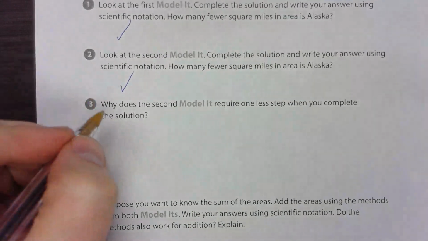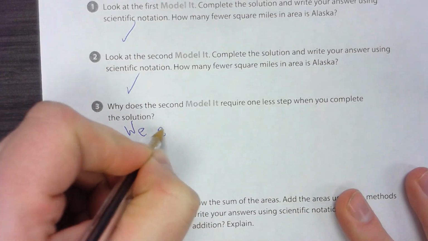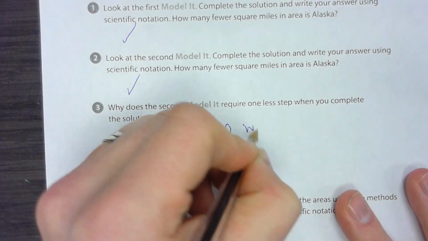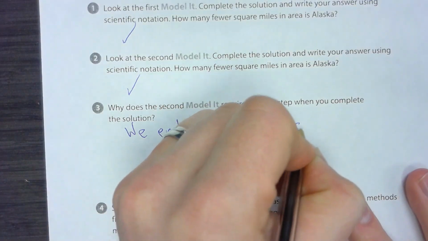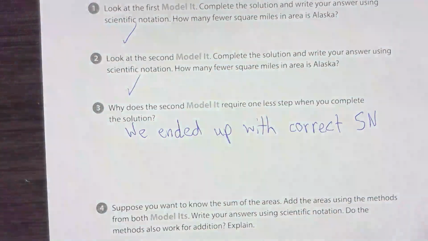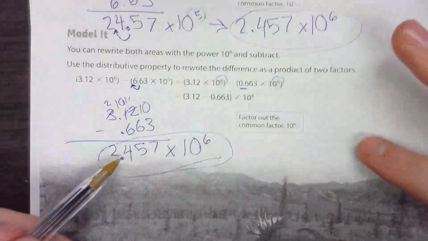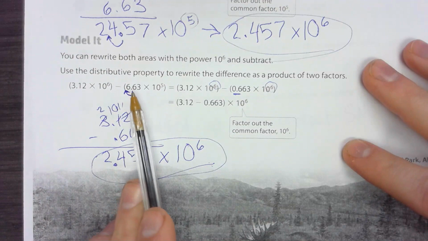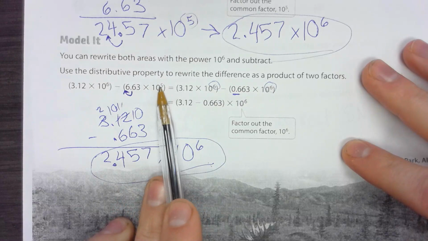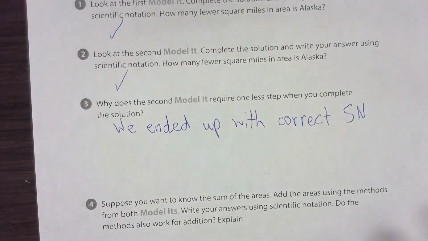Well, it's because we ended up with correct scientific notation. You see this? That's what they're talking about right here. If we move the smaller one to the left and make it match on the bigger exponent, it's usually going to come out with one fewer step for us.